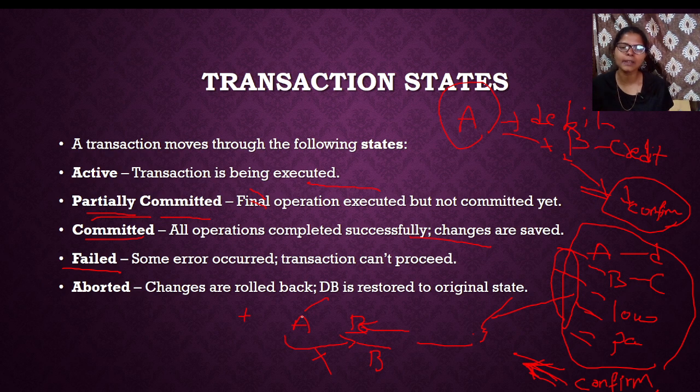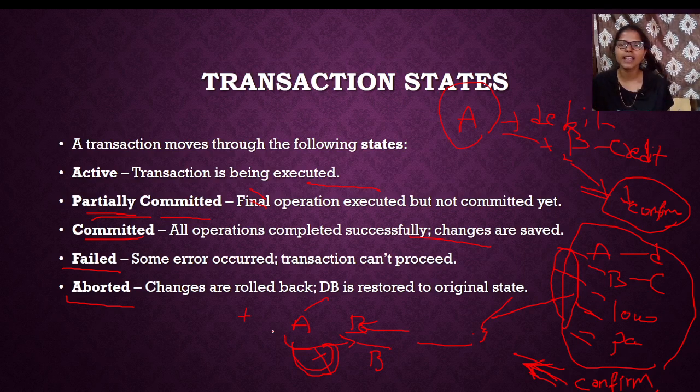You may see a message that if the amount is debited, it will be credited back to your account within working hours. That is called the aborted state. If the transaction fails, the database has to return to the original state. The amount has to return to the original account. That is called an aborted state.